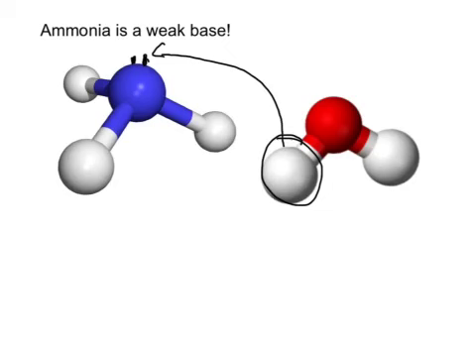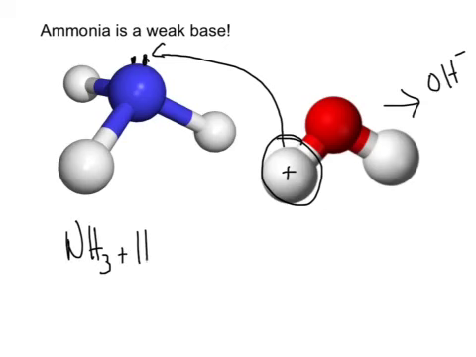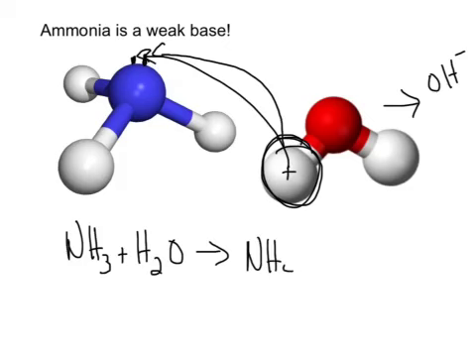And so if we take this proton or hydrogen ion off of water, what we're left with is going to be a hydroxide ion. So what we have is ammonia, NH3, plus water, H2O, and after that proton is removed from the water and attaches itself to the ammonia, we end up with NH4+, or ammonium.